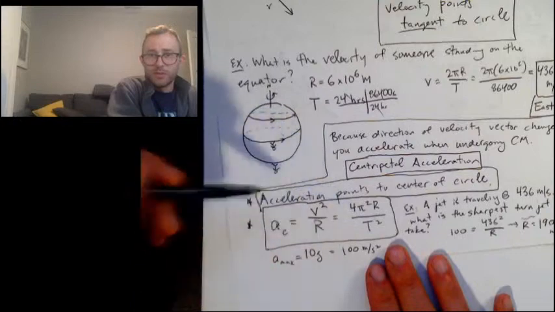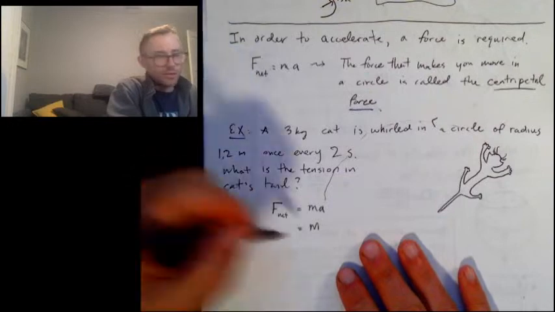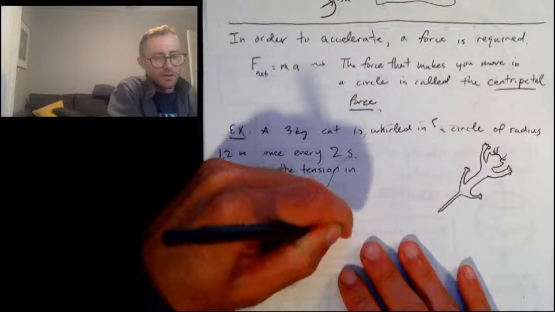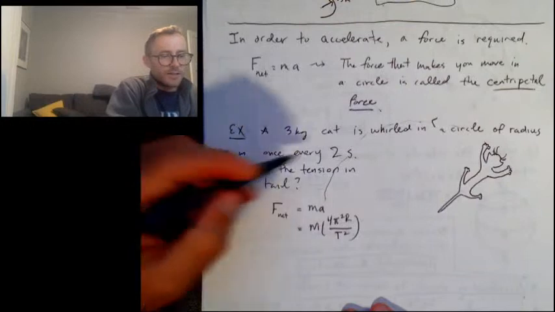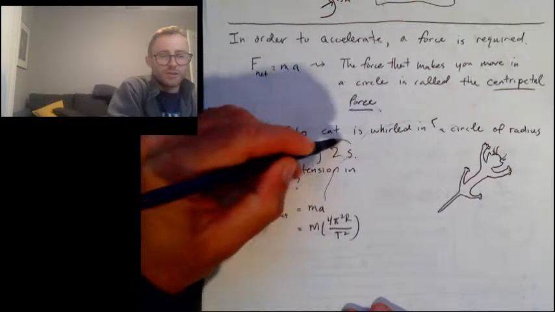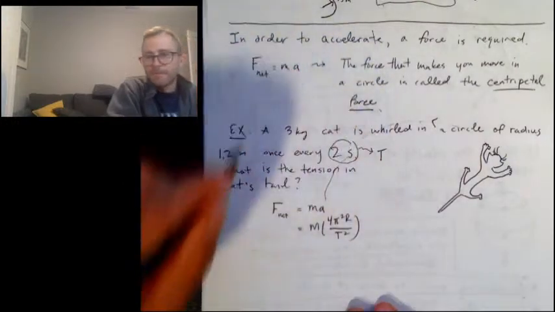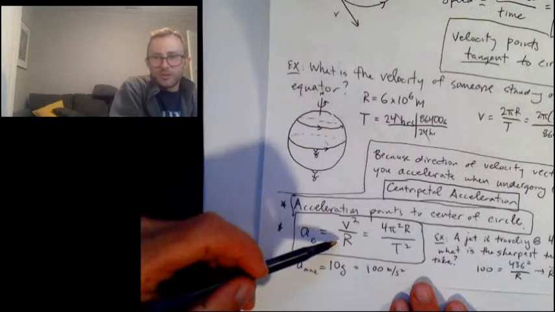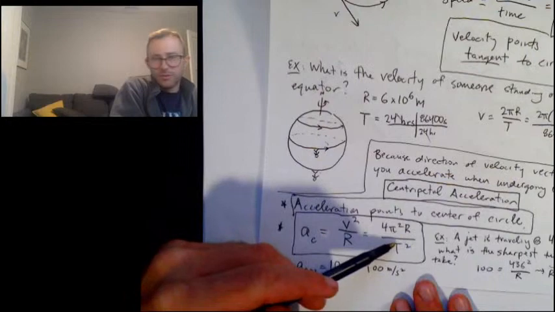They both will give you the same number, but I'm going to use the second version, 4 pi squared r over t squared, because I can see that the cat is spun around once every 2 seconds. So that's basically telling me what the period is. Because I knew the period, this first equation for centripetal acceleration does not have t in it, so I'm just going to use this one. That makes it easy.